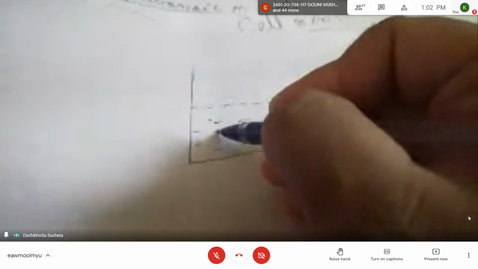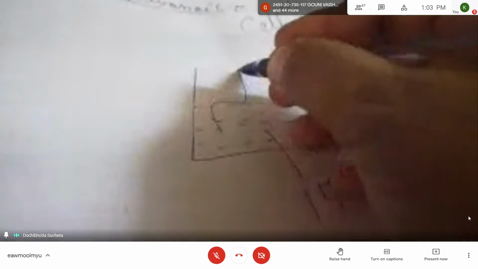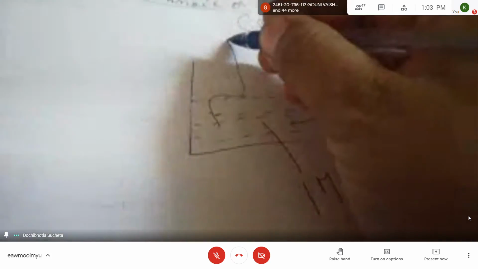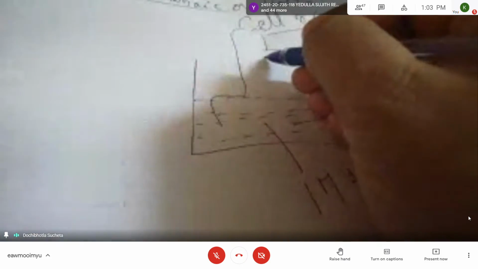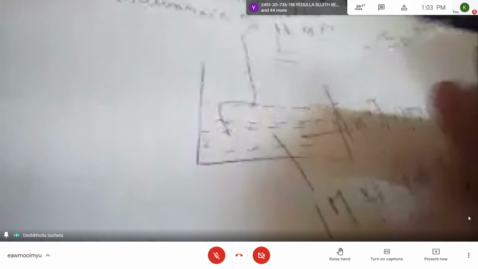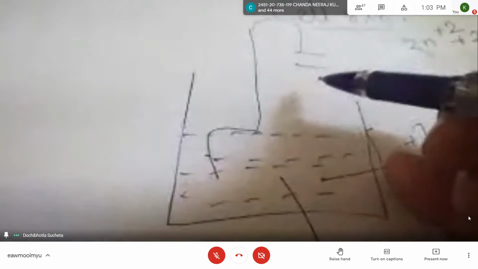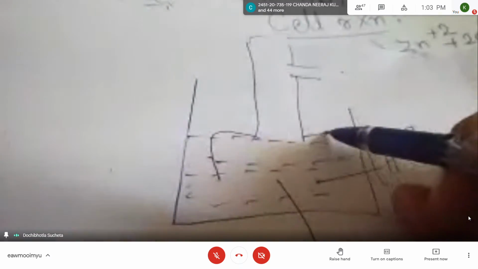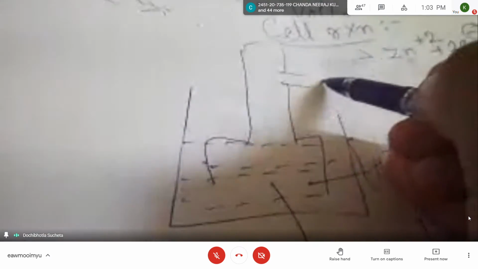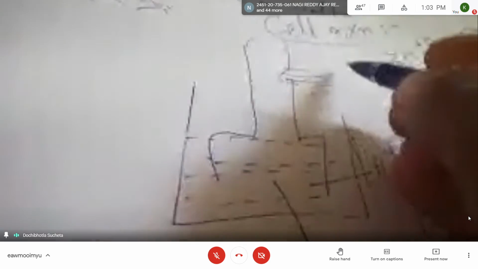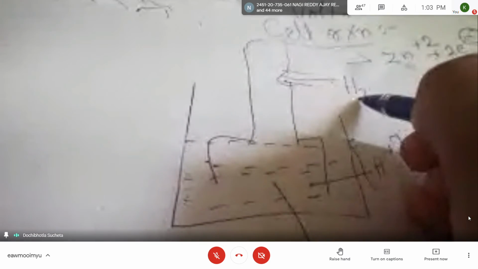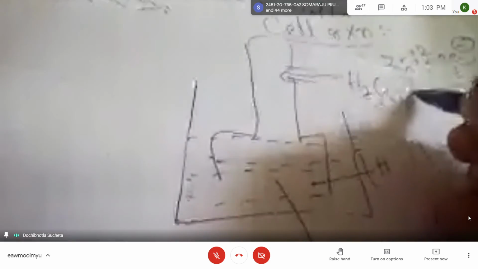Then they built a glass structure with an opening at one end, and they bubbled hydrogen gas through it at 1 atmosphere pressure.